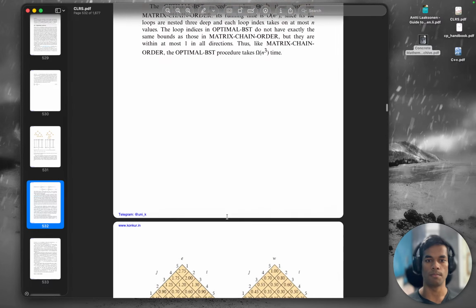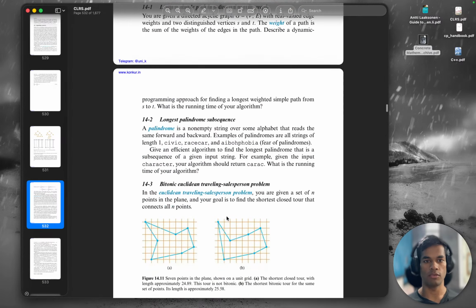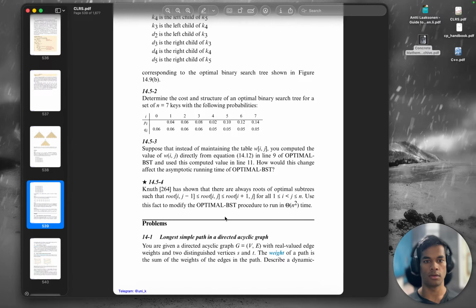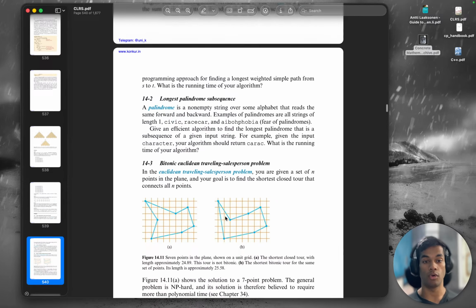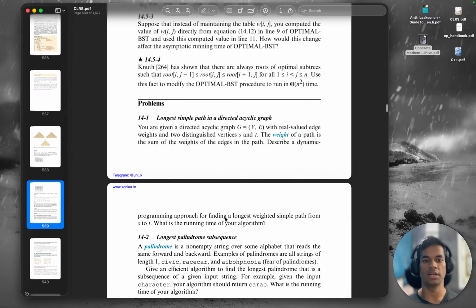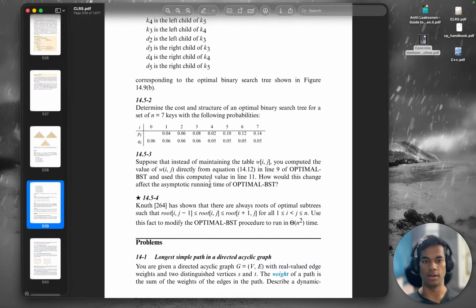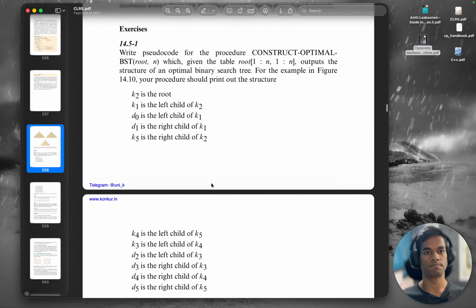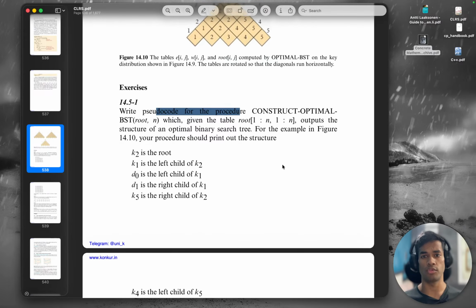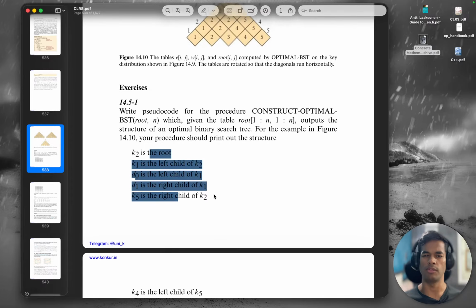Now going to the exercises we have here. This was actually the last chapter. Okay, let's do this. Write pseudocode for the procedure construct optimal BST. We can construct this, and it will be very easy.